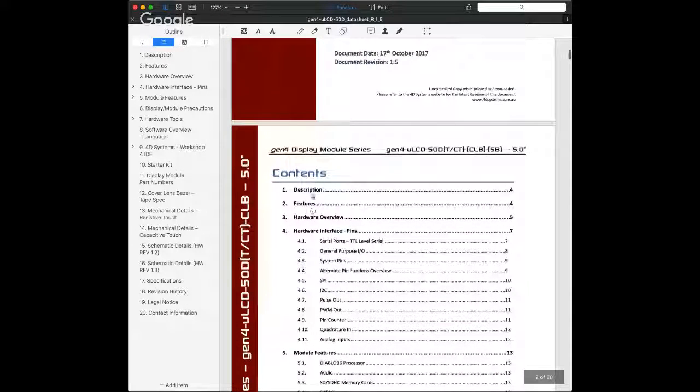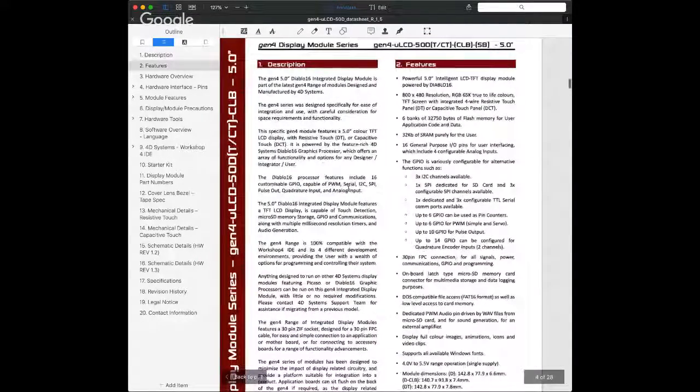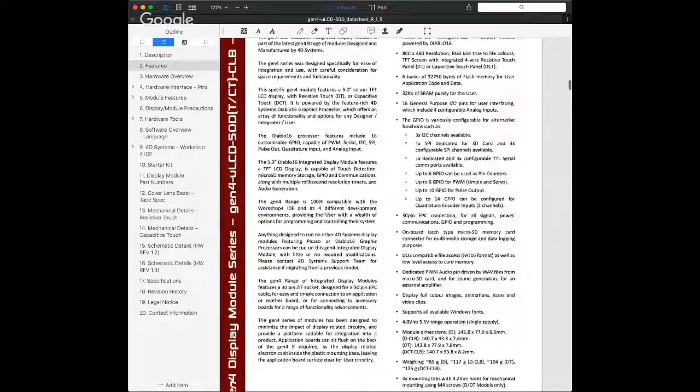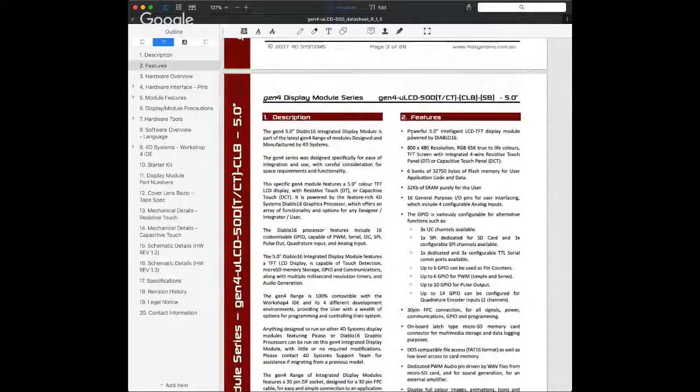Right, so we will look at some of the product descriptions to understand a little bit more about the display module. What I have here is a resistive touch version and a capacitive touch version as well, so I have two of these.